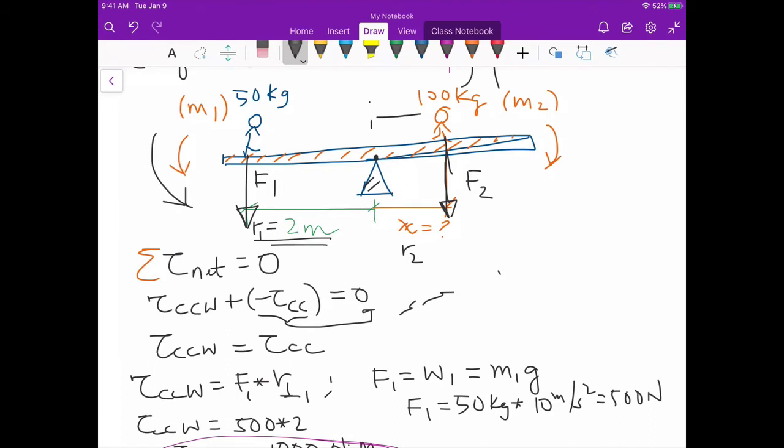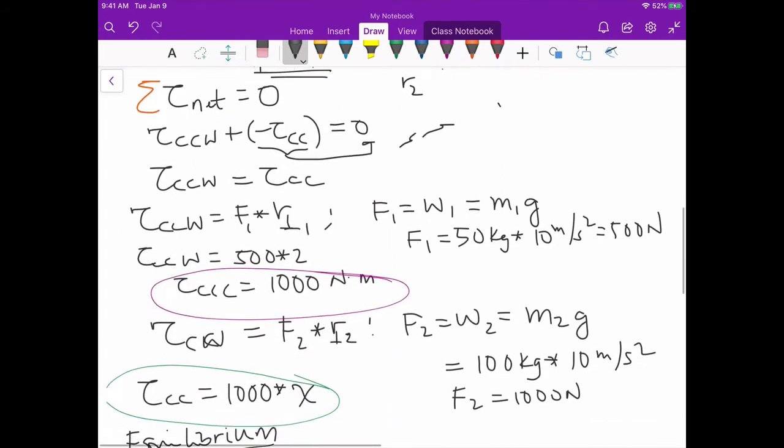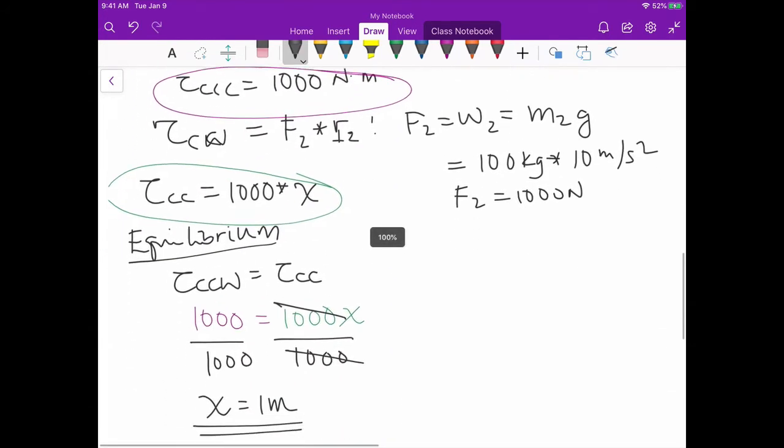You would sit a little closer to the fulcrum. So in general, balancing a seesaw-like setup can only be achieved if the torque on the right hand side and the torque on the left hand side are the same. This is the theoretical background pretty much.